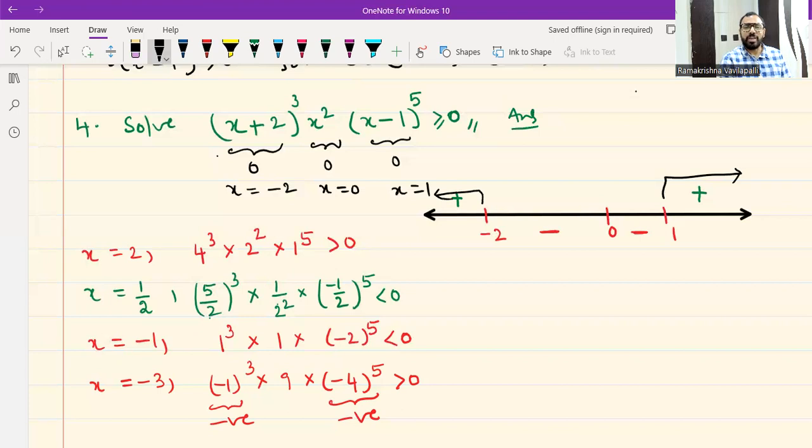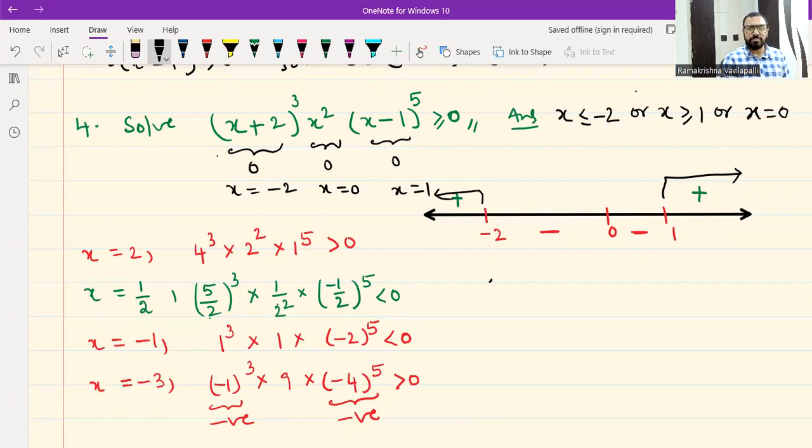So x less than or equal to -2, because we want the expression to also be 0, or for x greater than or equal to 1, or we missed the 0, x equal to 0. So this is the answer.